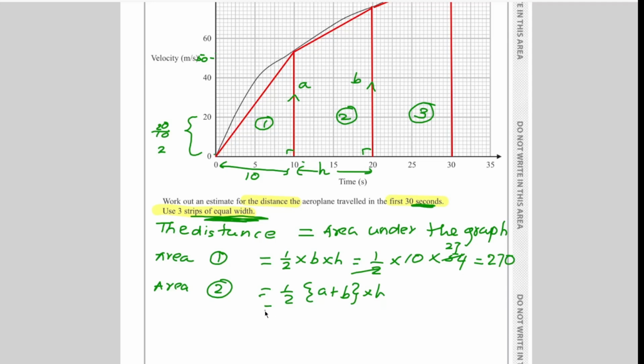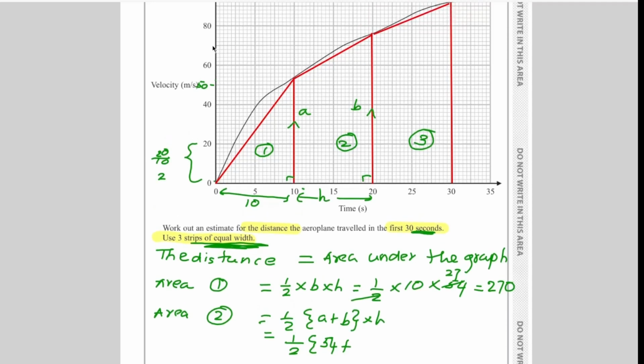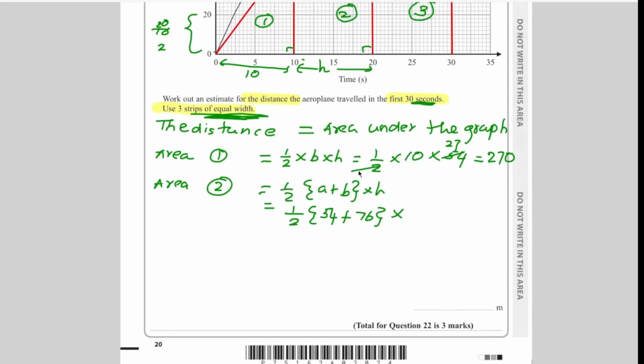So let's get half into a. A is this much. How much is this? We already got it, 54. Plus b. B is this much. So let's get this reading. It is here 70, 72, 74, it is 76. So let's take it as 76, into height. Height is this much, 10 to 20. It is 10 again.